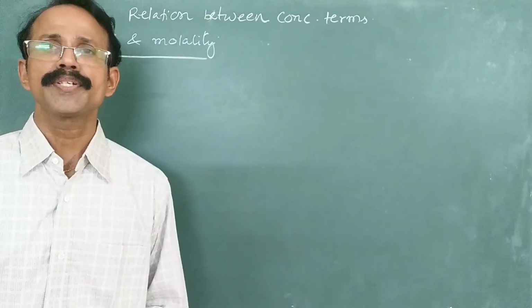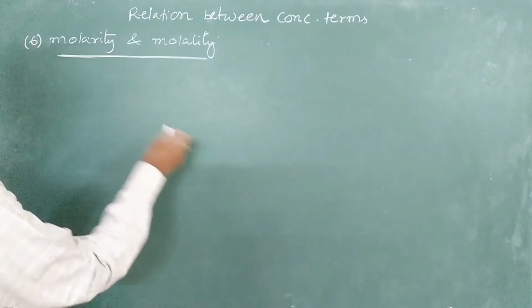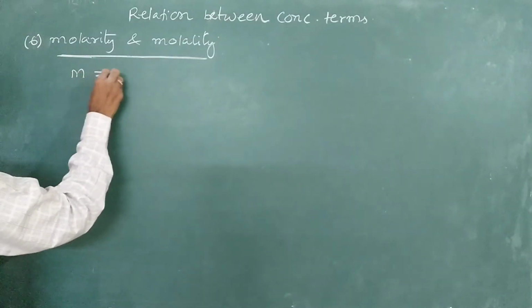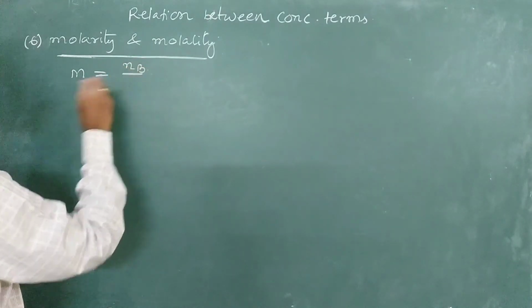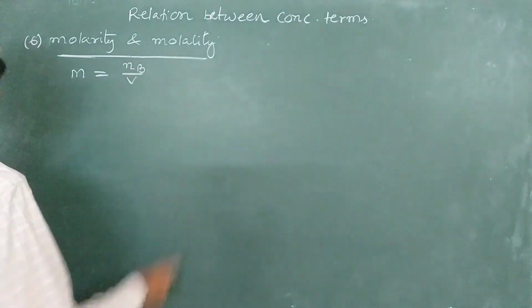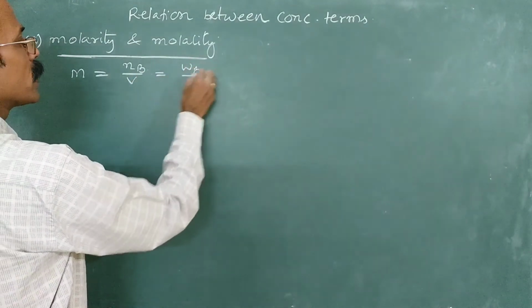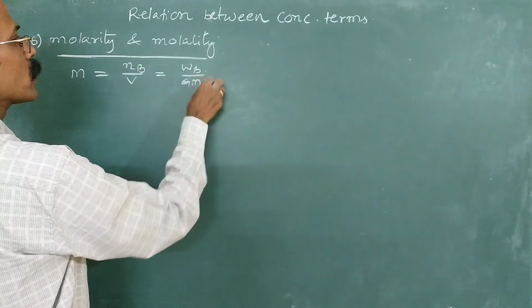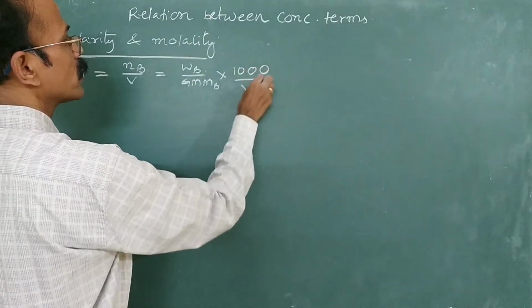Now we'll see the relationship between molarity and molality. Molarity is equal to the number of moles of solute by the volume of the solution in liters, that is equal to mass of solute by gram molar mass of solute into 1000 by the volume of the solution in milliliters.